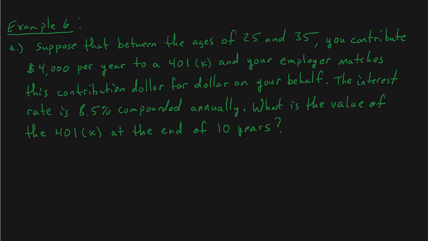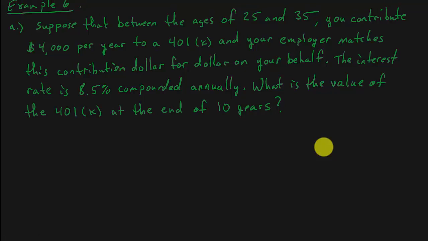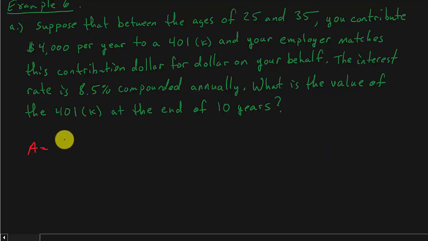So let's write our formula down. A is equal to P times 1 plus R over N to the N times T, minus 1, over R over N.